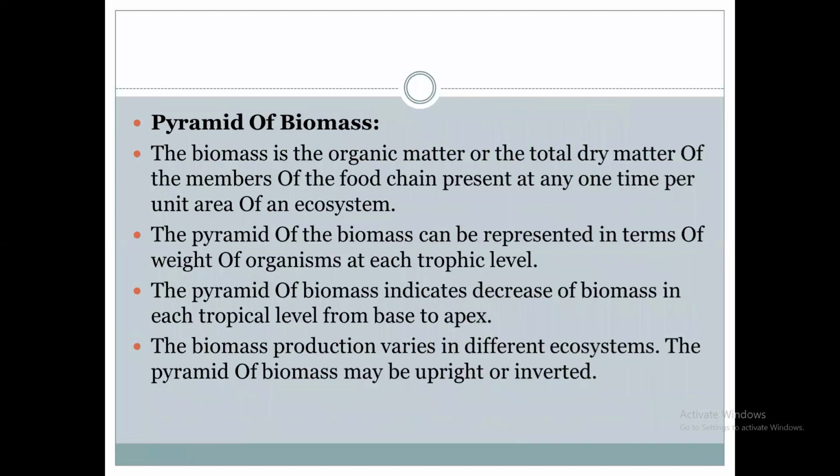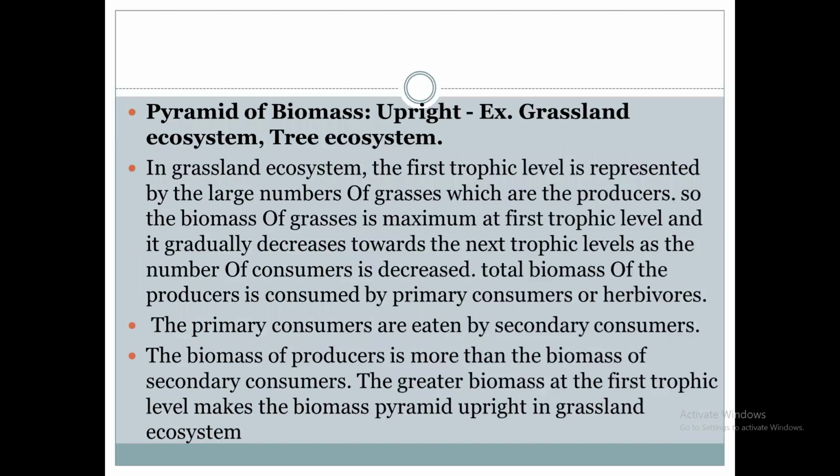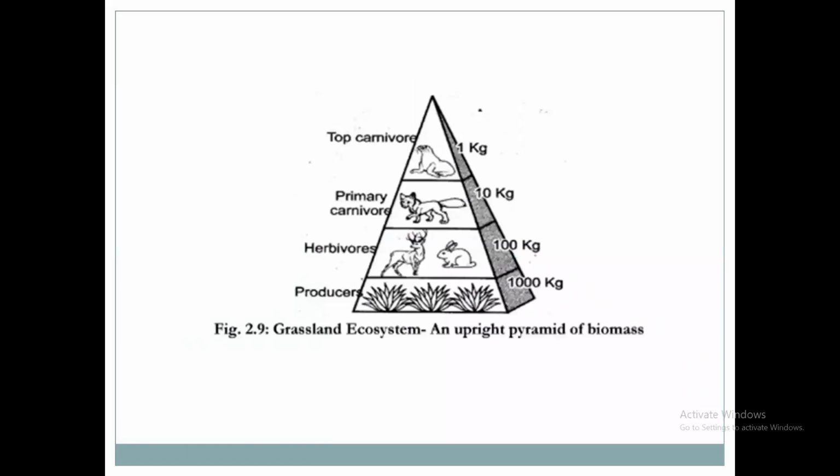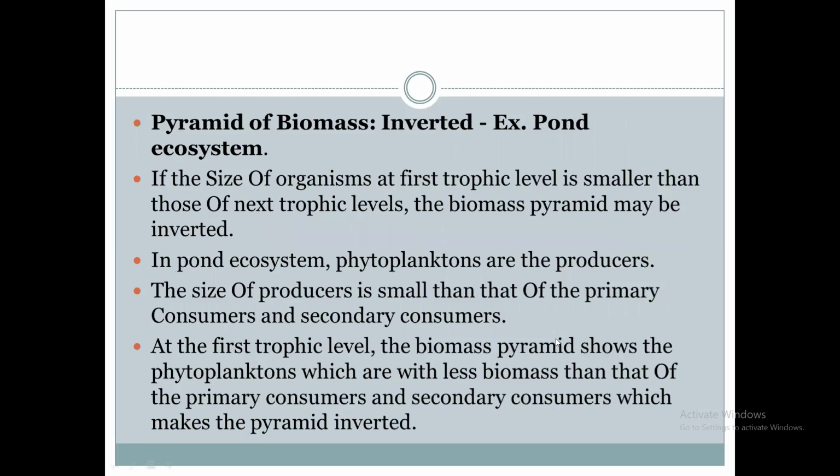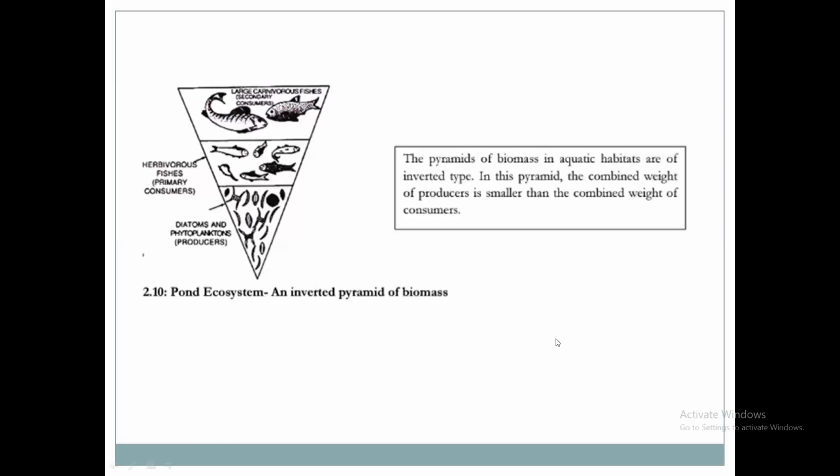The next one is pyramid of biomass. Pyramid of biomass diagram. Grassland ecosystem. Upright pyramid of biomass. Here there is upright and inverted pyramid of biomass.